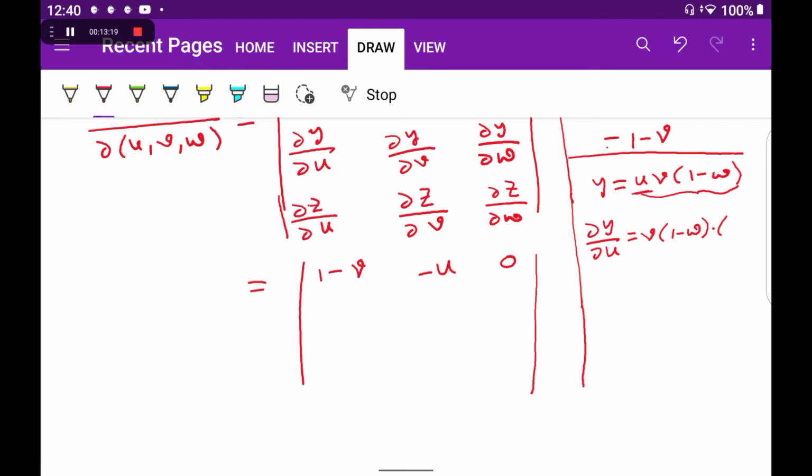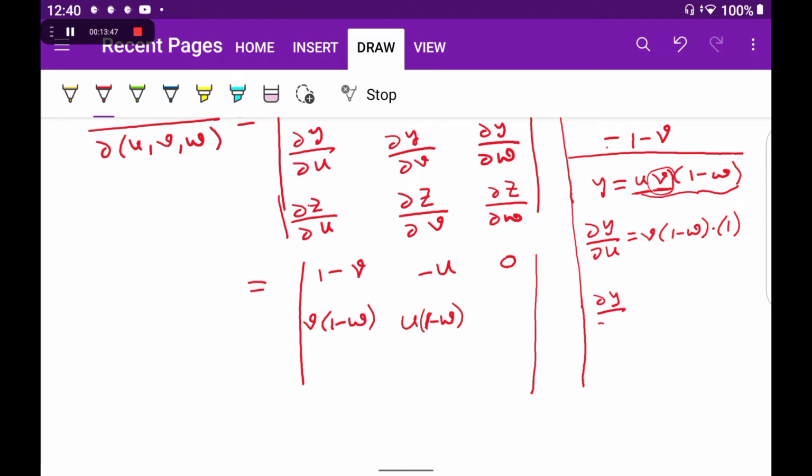Dou u by dou u is 1. So v into 1 minus w. Similarly, dou y by dou v means we are differentiating with respect to v. So u into 1 minus w is treated as constant. Derivative of v with respect to v is 1.